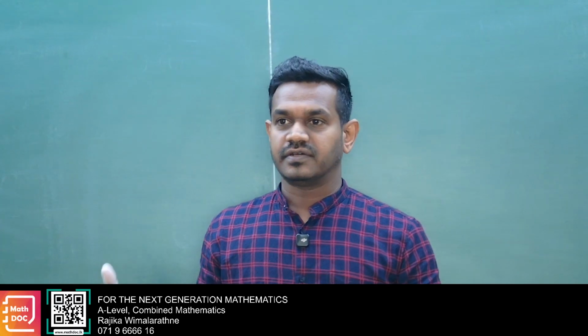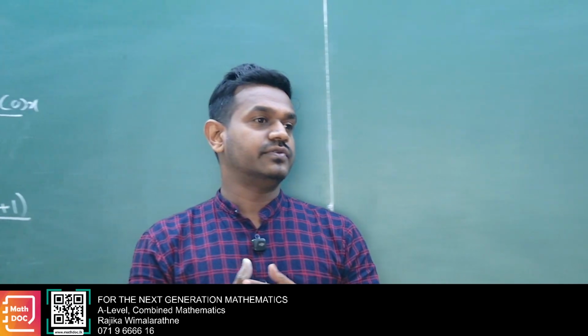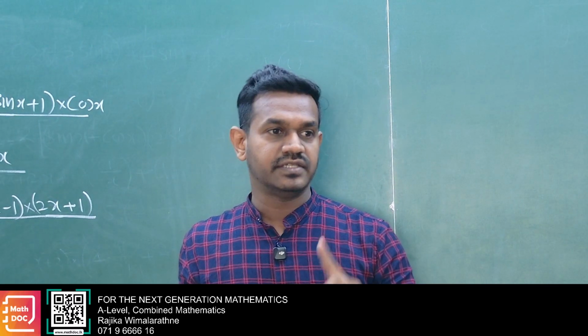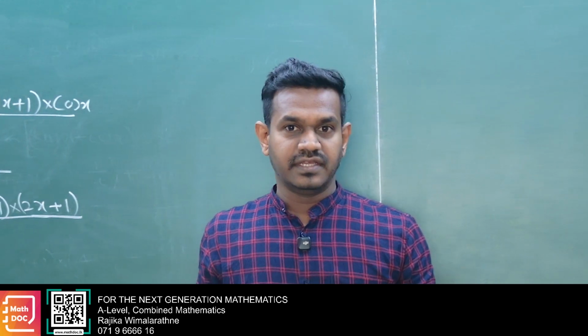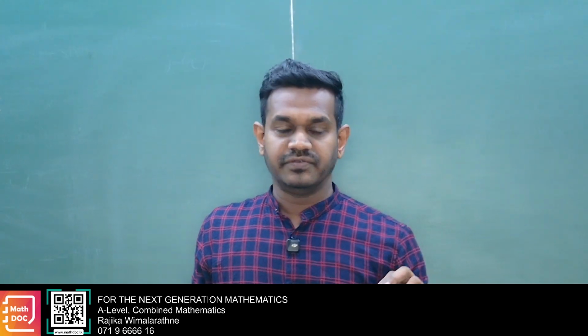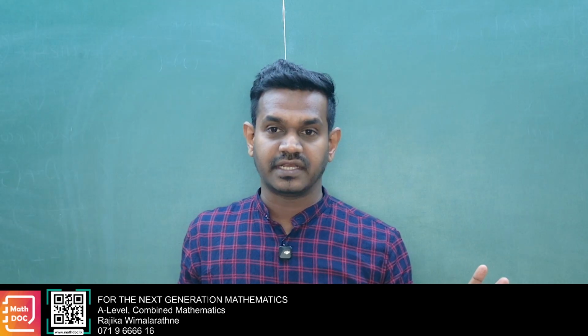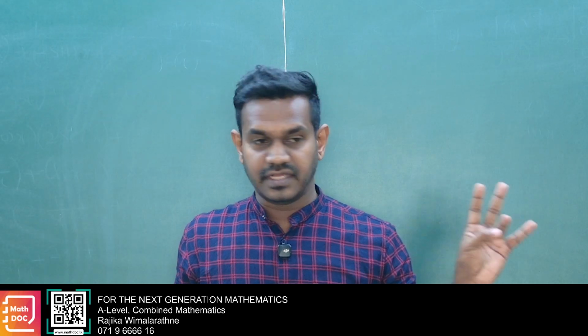Thereafter we have to do function of a function type derivative. And again we have two different function types, we call exponential and parametric. Exponential functions derivative, parametric function derivative.